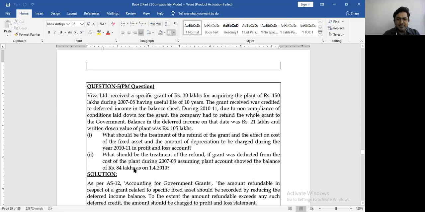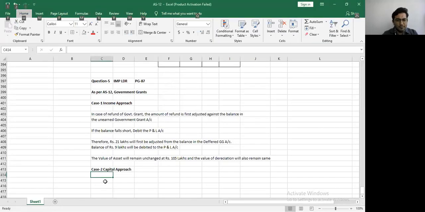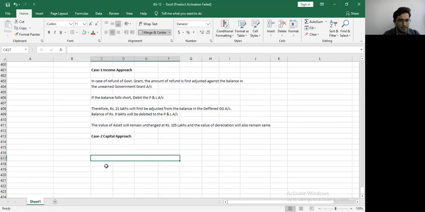Right, if they say the grant was deducted from the cost of the asset, which approach are they talking about? Everyone on your chat box, which approach are they talking about? Yes, they are talking about capital approach.